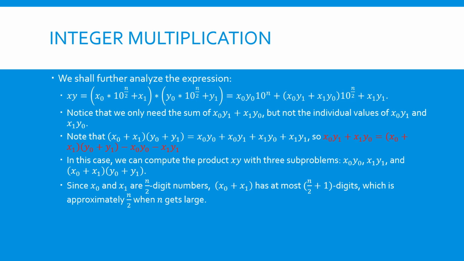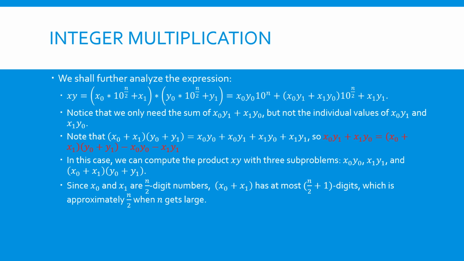Note that in the first product, x0 plus x1 times y0 plus y1, the two integers x0 plus x1 and y0 plus y1 can each contain at most n over 2 plus 1 digits, which is approximately n over 2 digits when n gets large.